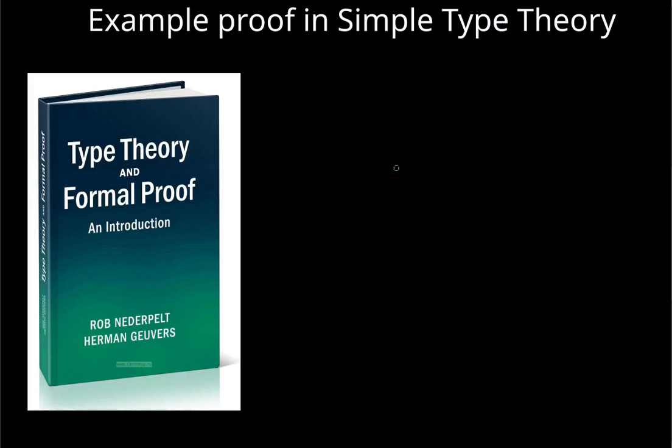We start with simple type theory, which is the most basic type theory, and then it is expanded in three directions. These are then combined to build the calculus of constructions.